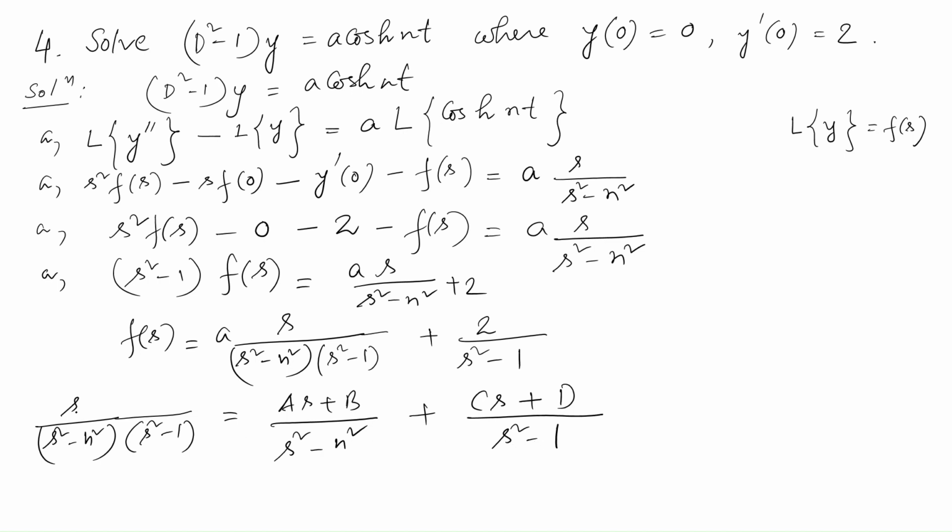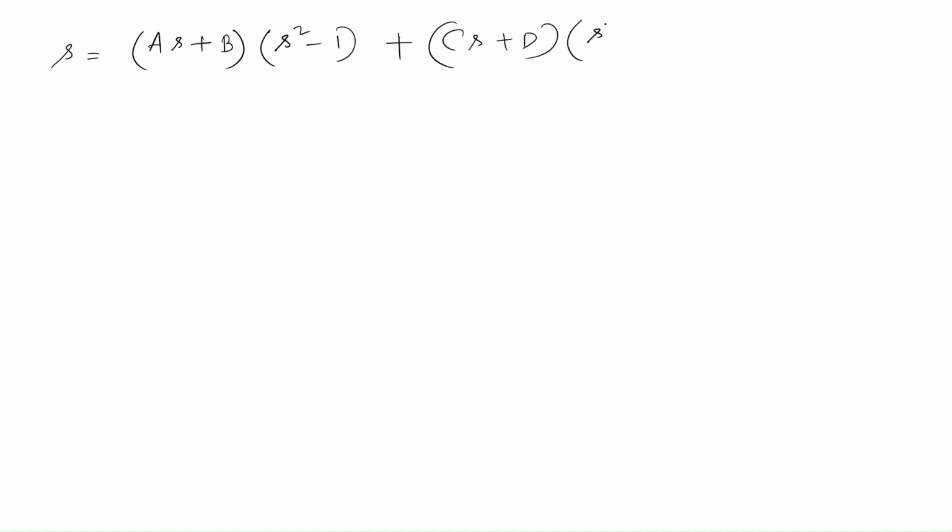So s equals (as plus b) multiplied by (s square minus 1) plus (cs plus d) multiplied by (s square minus n square).